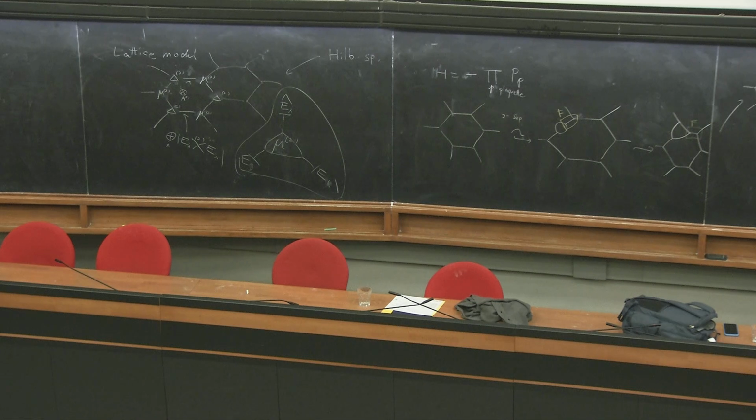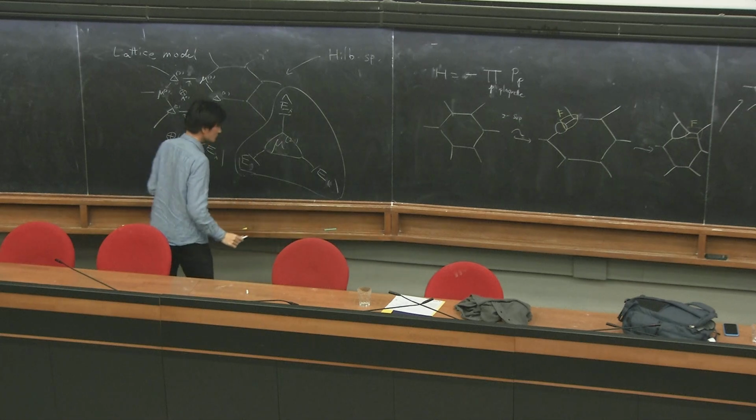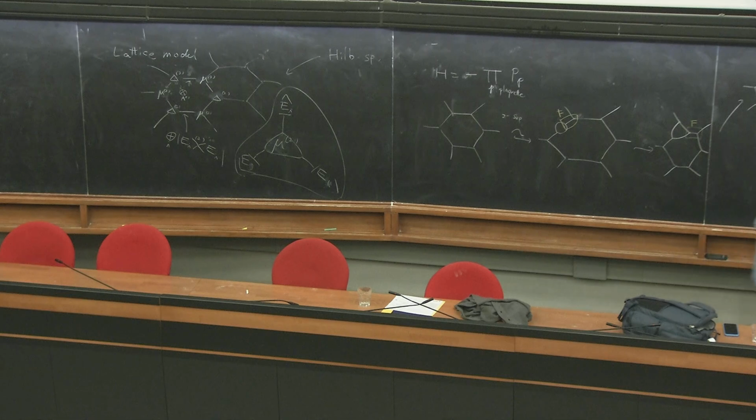Now, okay, so what is this? Well, this is what it is. But if you apply this construction to the one commutative case, then you get the so-called Levin-Wen model.